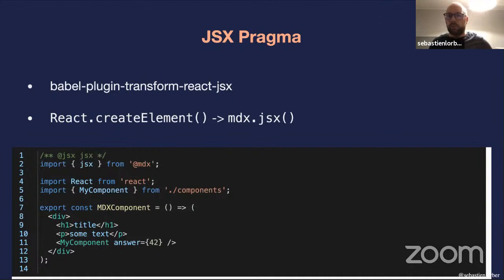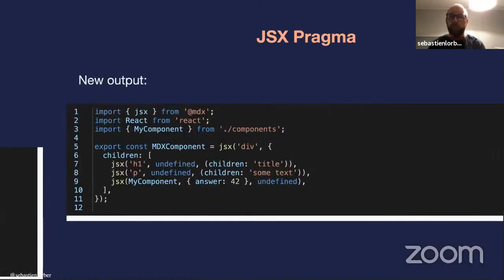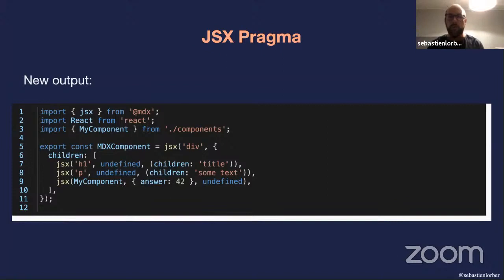So the idea is that you put this annotation at the top of your file, and it references an import of your file, and then the function of this import will be used in place of the React createElement calls. So now, if we look at the new output, once we apply the pragma, we can see that the JSX function is called instead of React createElement, and it's a function that is imported from the MDX package. So this is the first part, and it is required to get the MDX provider working.